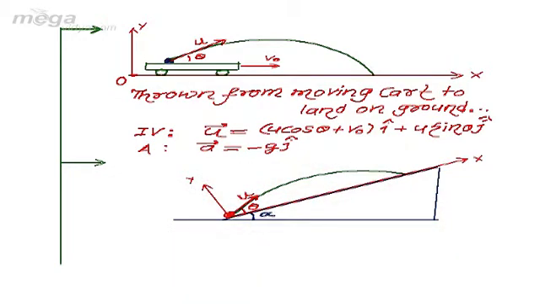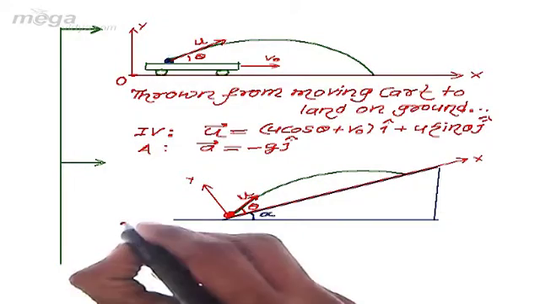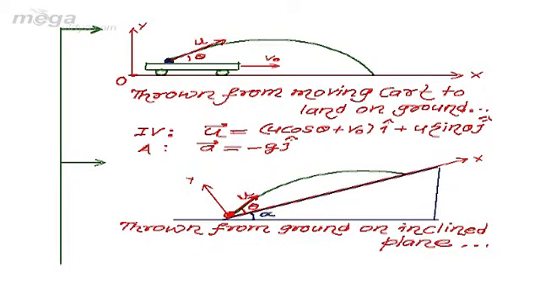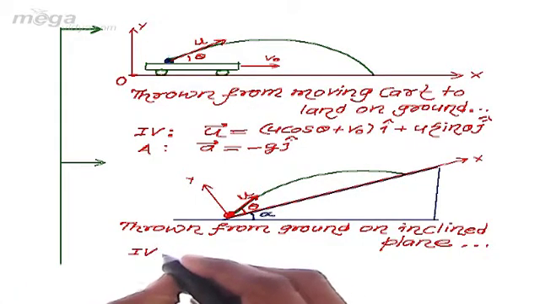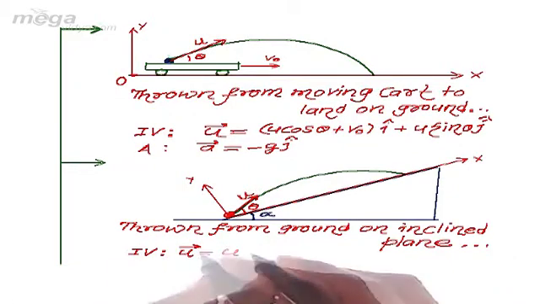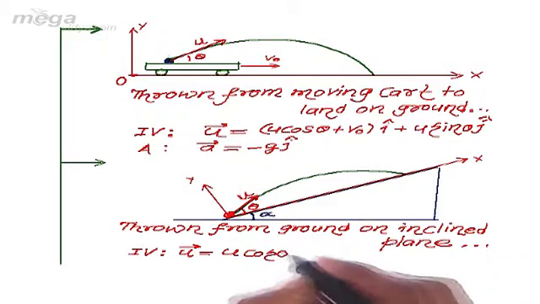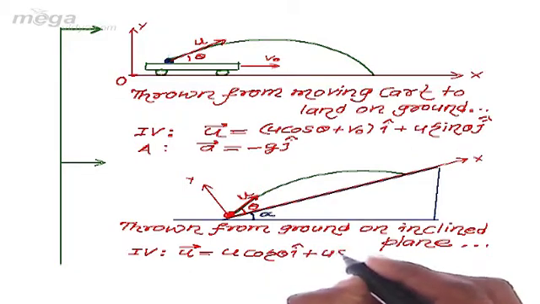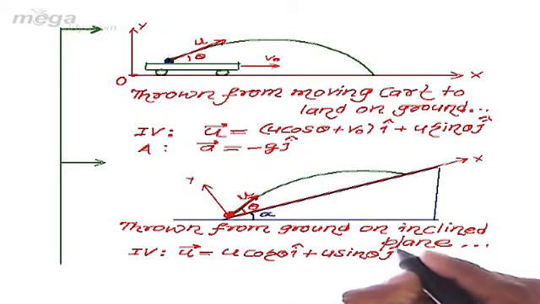Here, depending upon the modified reference frame which we have taken at an angle alpha with the ground, we can conclude some facts. If we do a little bit of exercise with a situation like this, then we can obtain the initial velocity of the projectile in vector form as u cos theta i cap plus u sin theta j cap.